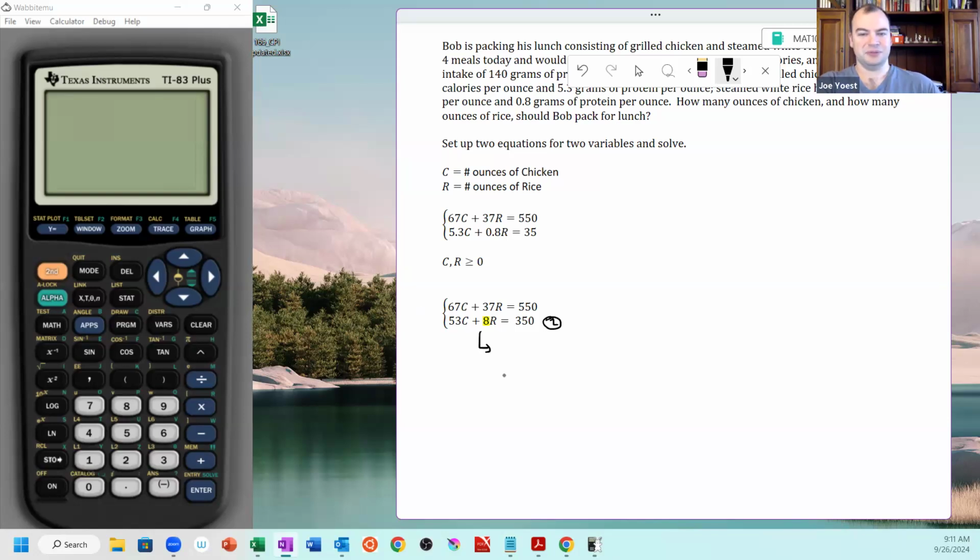I'd rather divide by 8 than one of these other numbers. So R is going to be 350 minus 53C, all divided by 8.